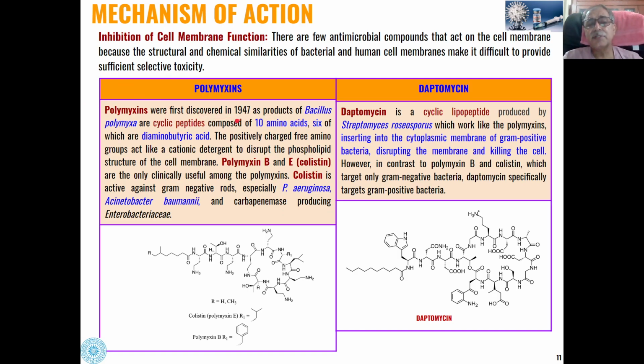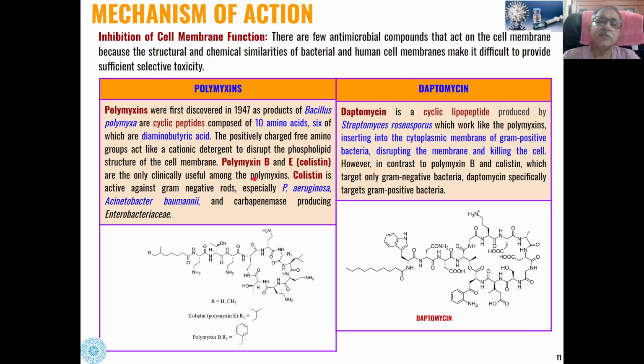Polymyxins were first discovered in 1947 as products of Bacillus polymyxa, and they are cyclic peptides which are composed of at least 10 amino acids, and 6 of these amino acids will be diaminobutyric acid, and these amino acid groups will be positively charged and they will act like a cationic detergent, and because of the cationic detergent nature, they will disturb the phospholipid structure of the cell membrane in case of bacteria and human cell also.